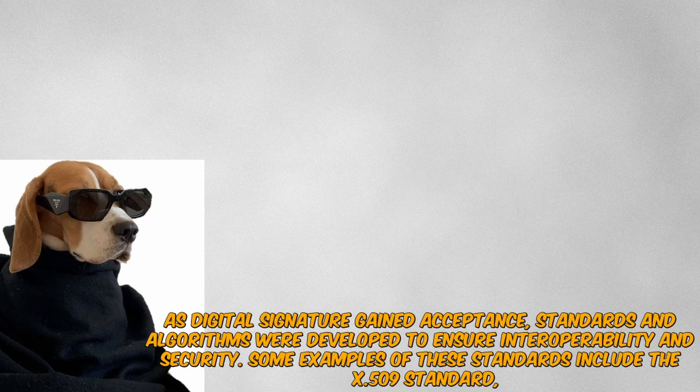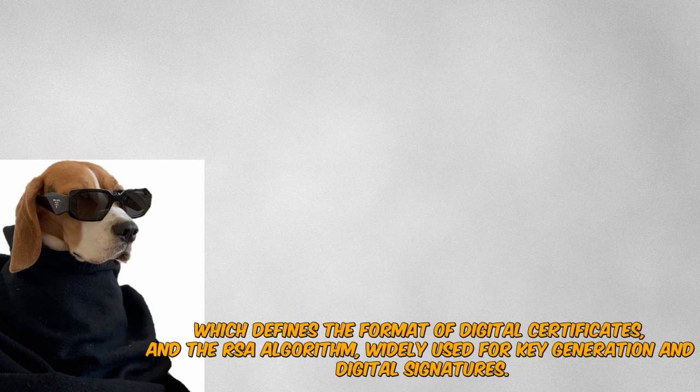As digital signatures gained acceptance, standards and algorithms were developed to ensure interoperability and security. Some examples of these standards include the X.509 standard, which defines the format of digital certificates, and the RSA algorithm, widely used for key generation and digital signatures.